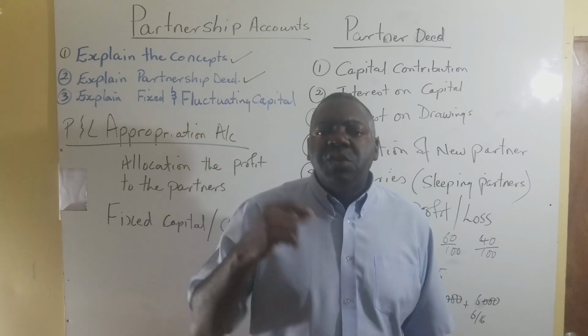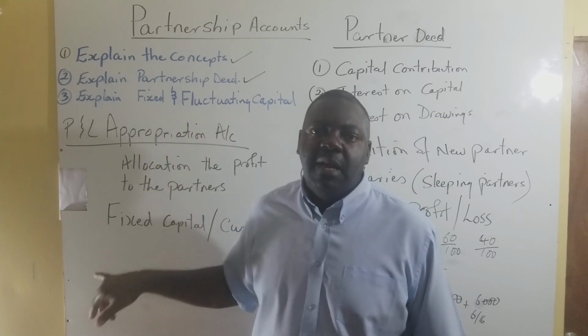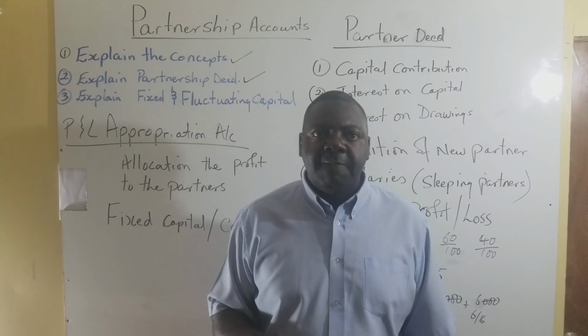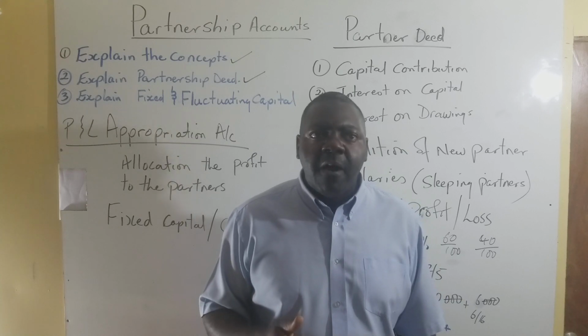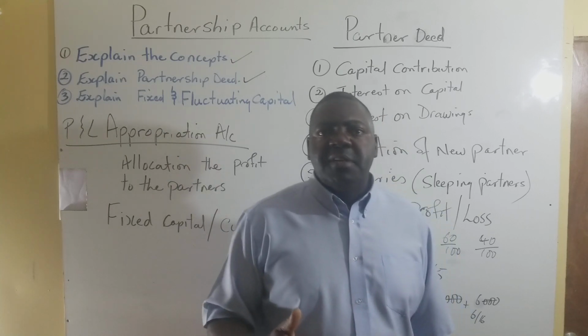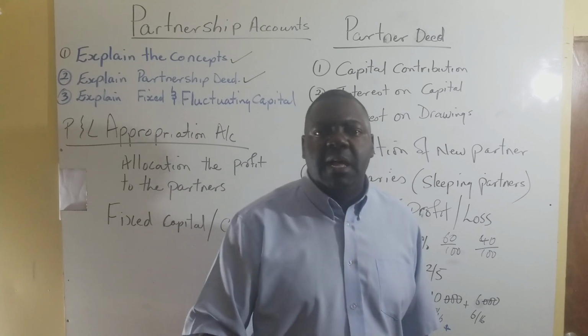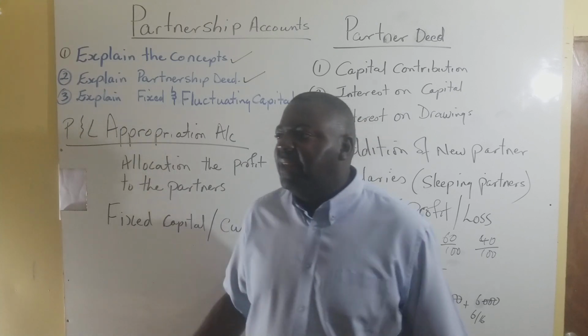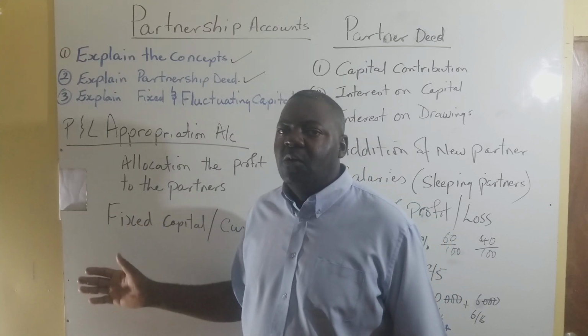There's no adjustment every year to the capital account of each of the partners, right? Only if there is a situation where, for example, some of the partners are introducing more capital, they're putting more capital in the business, then you will find that you're going to be adding to or doing some work with the capital account.